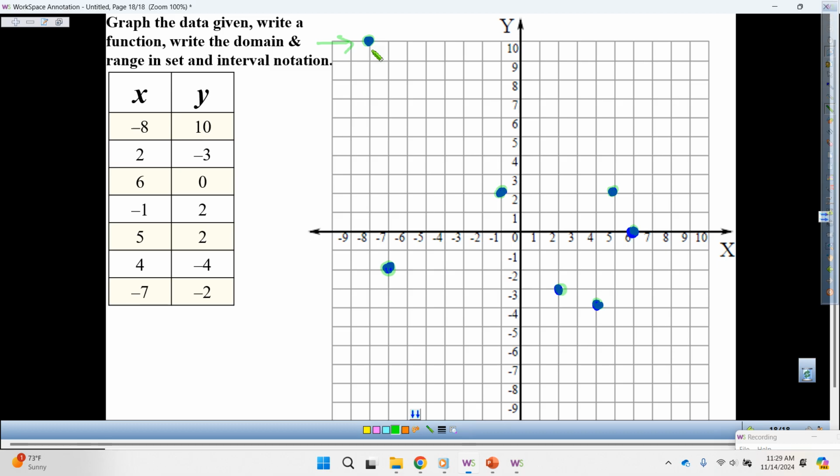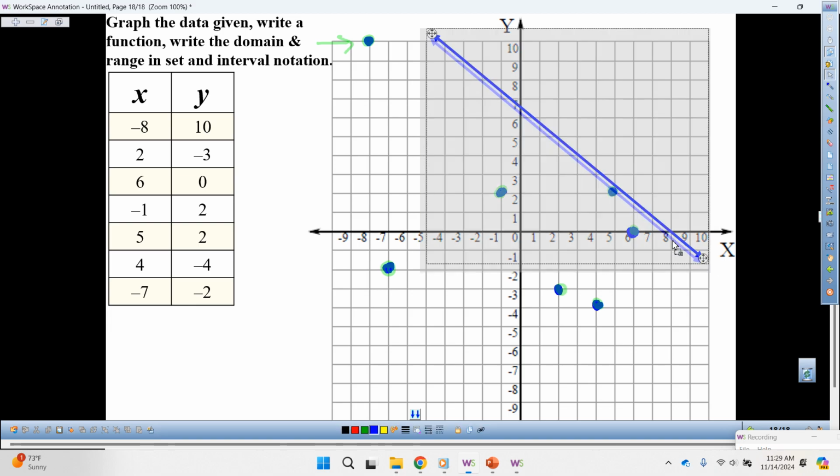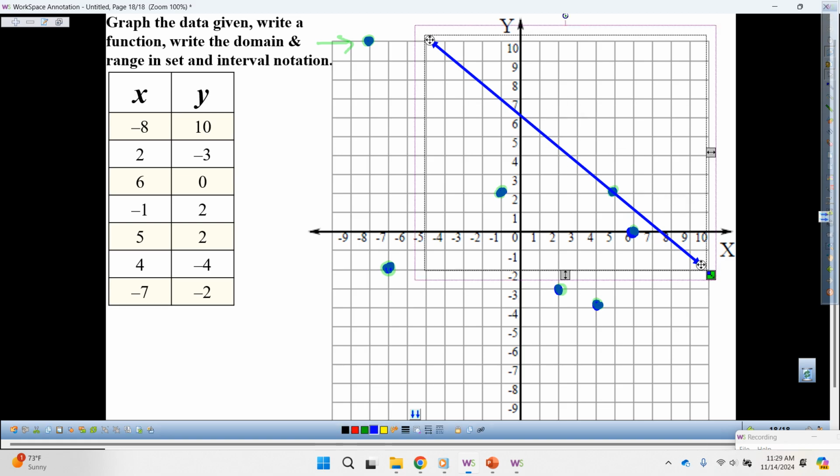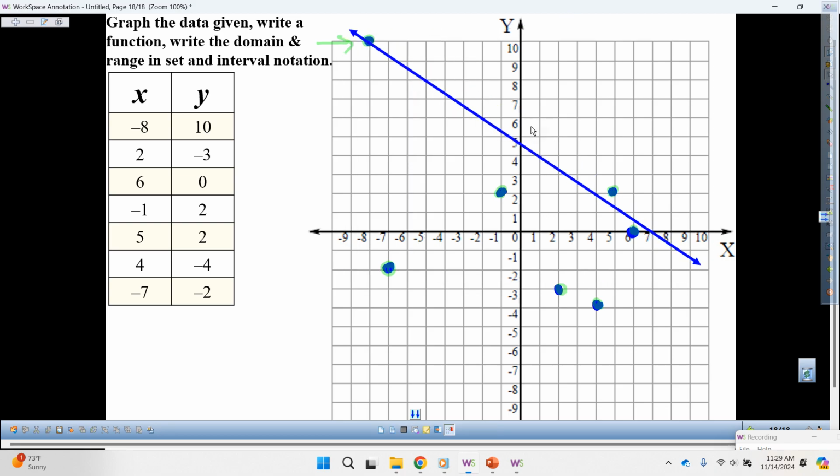Downwards. That is correct. So if you sketch a line going downwards, let's see, Mario, will this be my line? Why not? It's not on the point. So where do I move it to? What point shall I go through? Negative 8, 10. So that one.